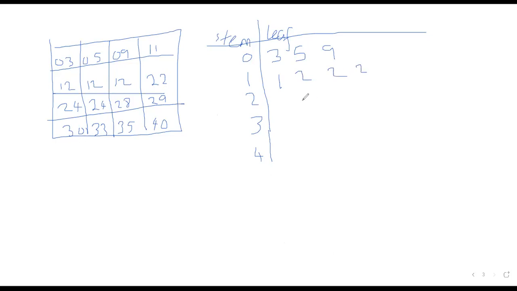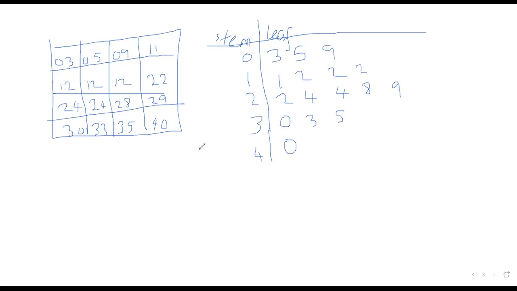Next numbers: on the 2s, we have 2, then 4, then 4 again, then 8, then 9. On the threes, we have 0, 3, 5. On the fours, we have 0. So this is what we call the stem and leaf diagram.